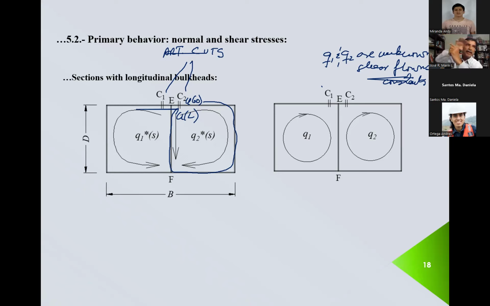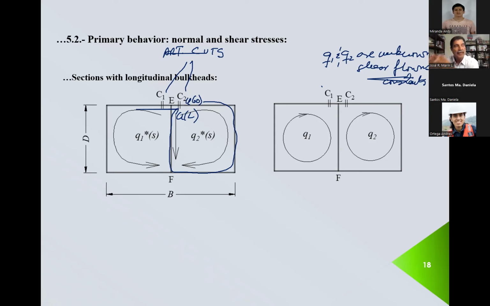We're including Q1 and Q2 so that we go back to this. So for cell 1, if we integrate from the cut until back at the cut, the two axial displacements have to be equal. So that's one equation, and that equation includes Q1 and Q2.